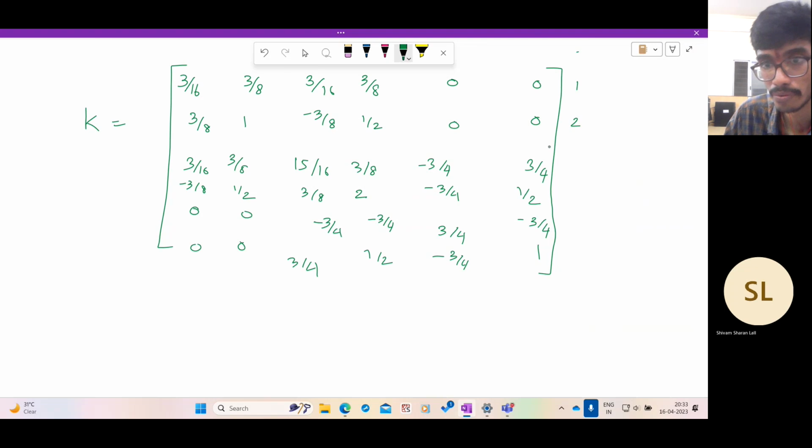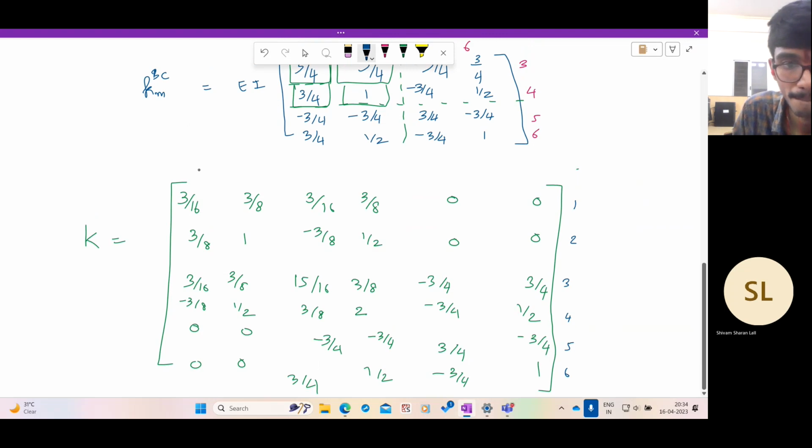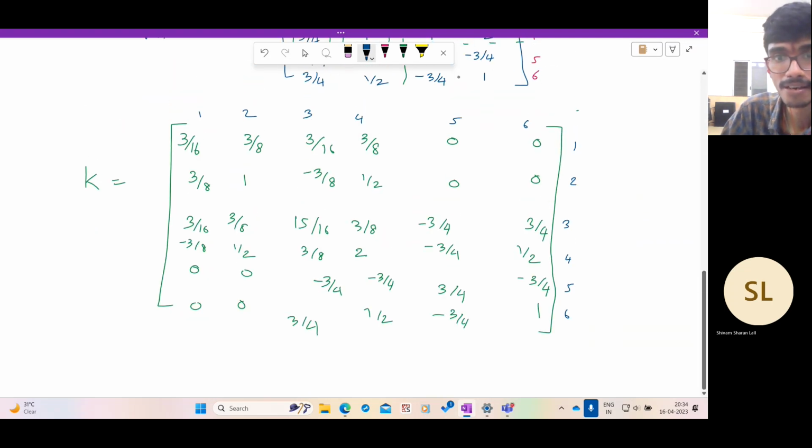Okay, so this is the global stiffness matrix.